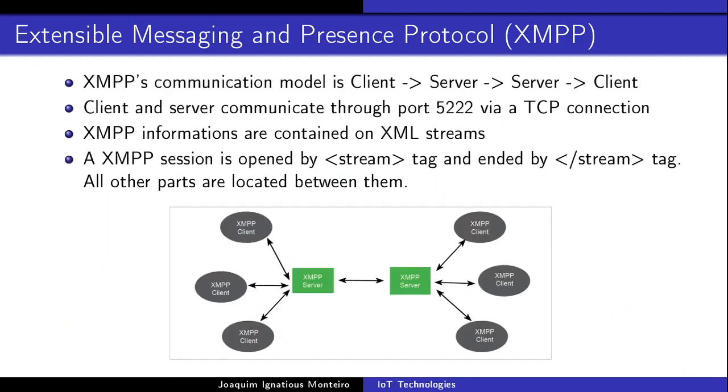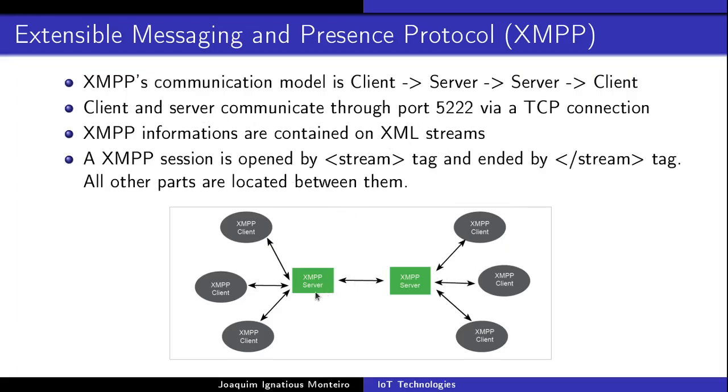So basically it is a client server model. There is an XMPP server, and the clients will communicate to the server through a TCP connection. So it's a reliable connection, and they communicate via the TCP link.